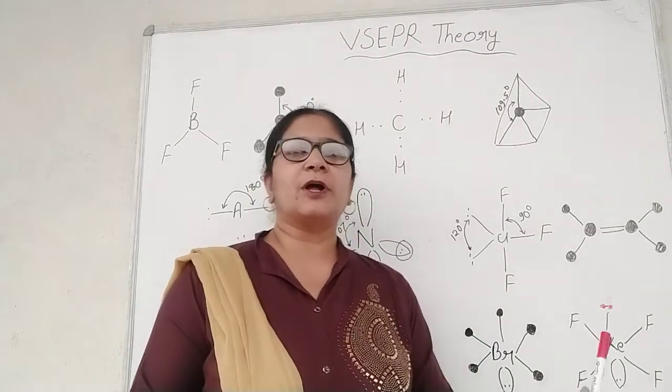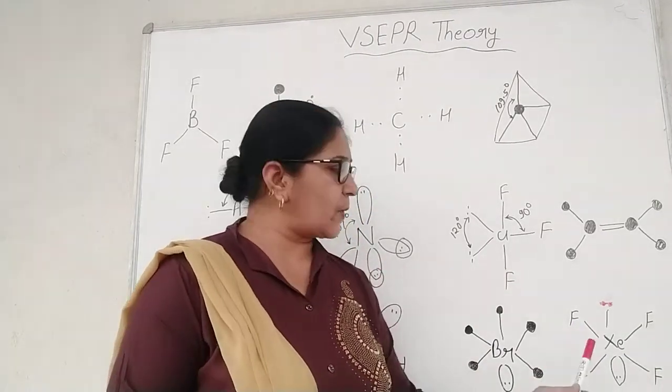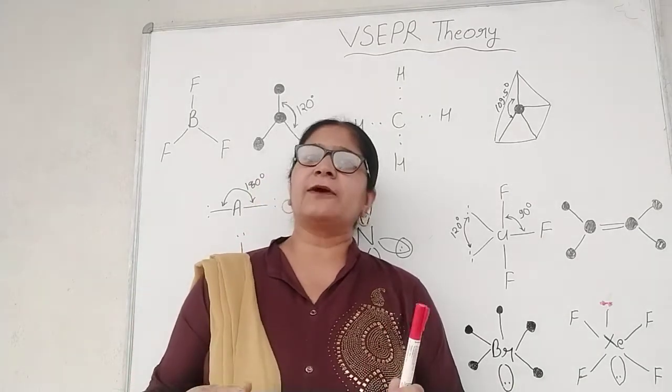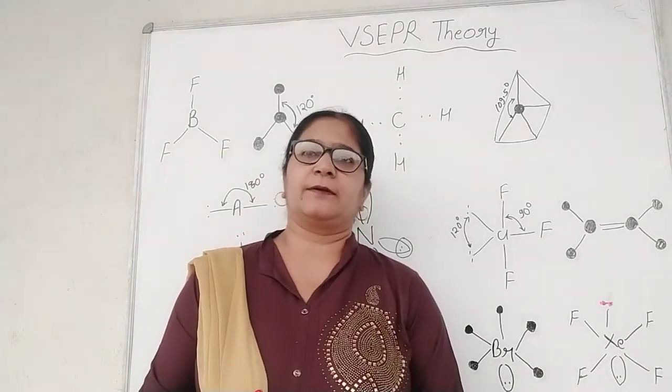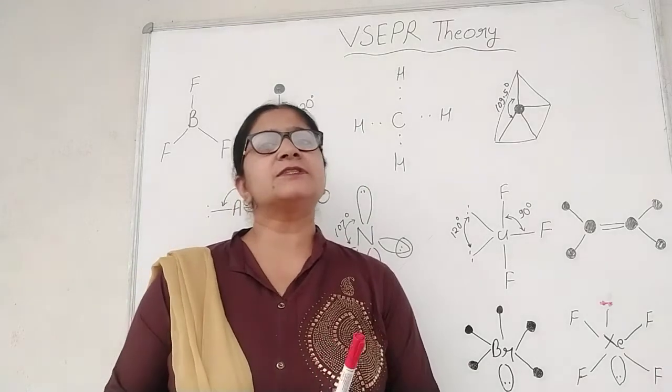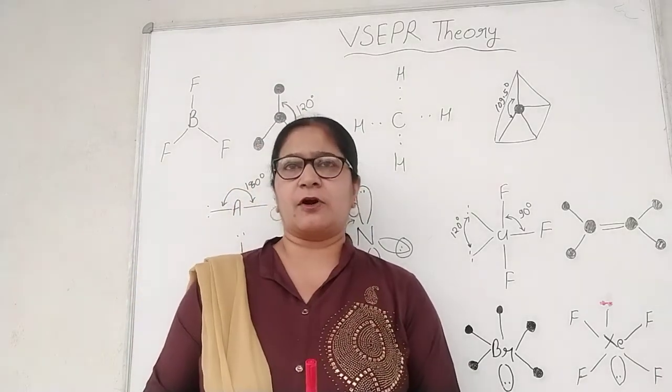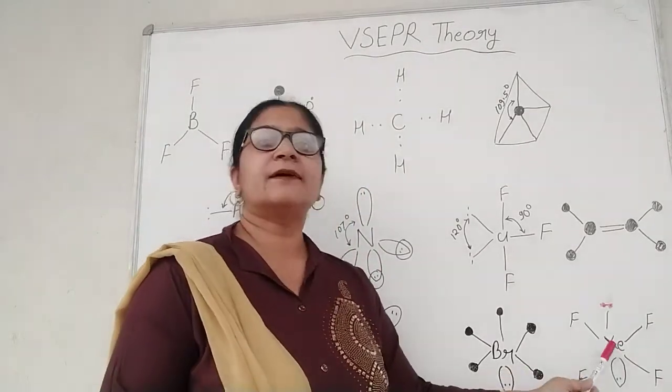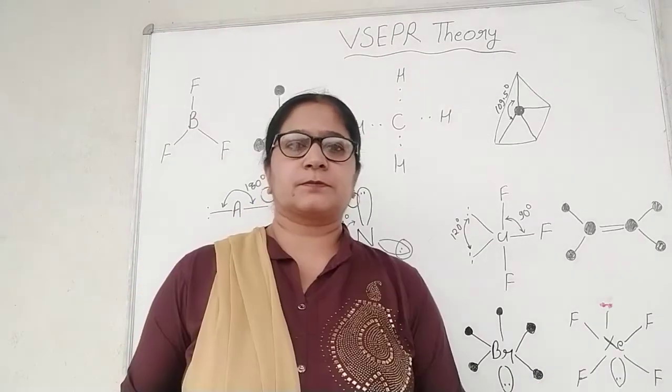The geometry of the molecule is distorted to square planar from the regular octahedral geometry. It is due to the presence of 2 lone pairs of electrons on its central xenon atom.